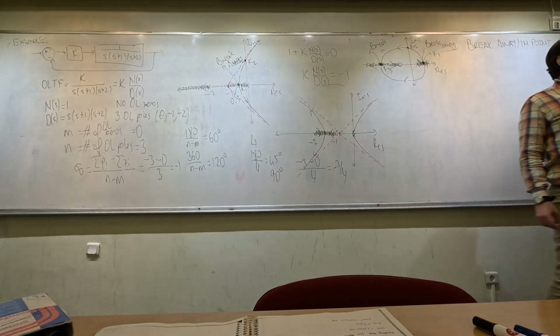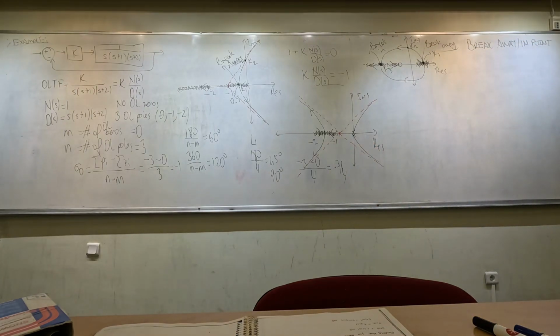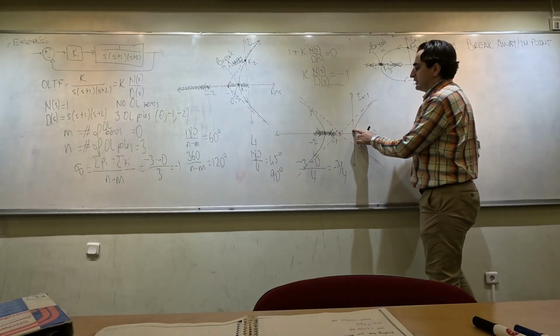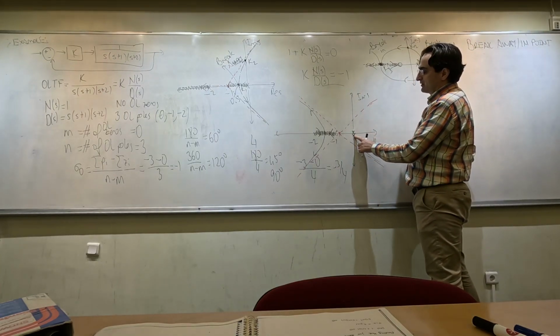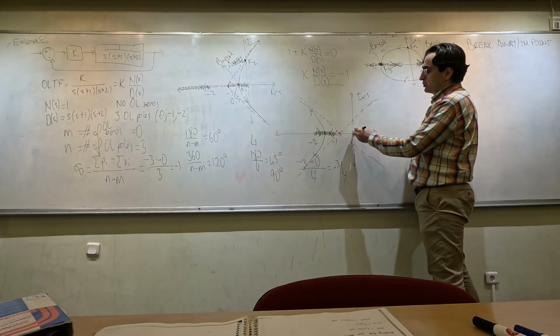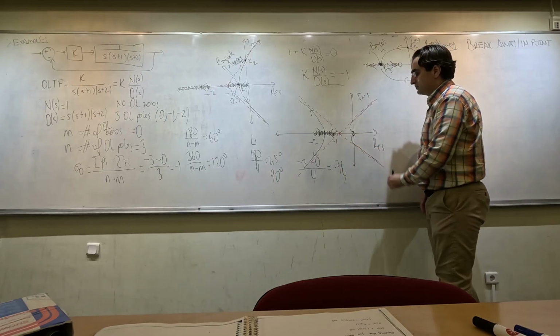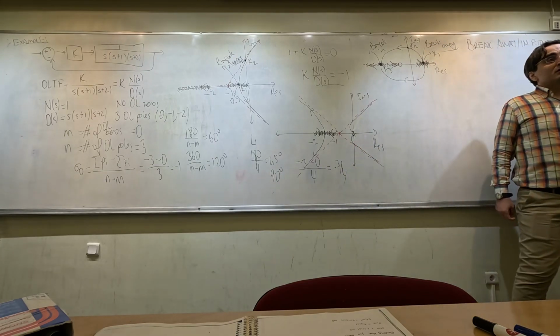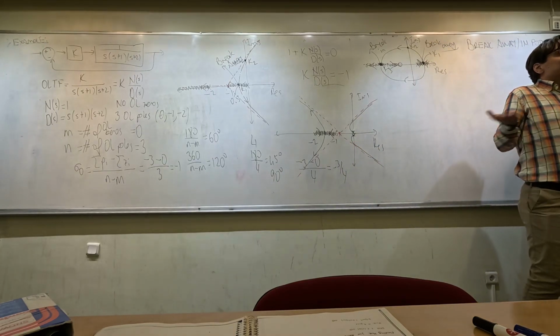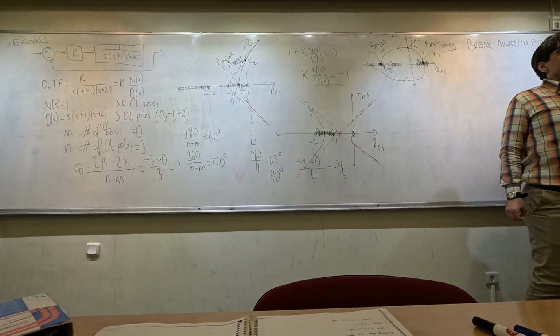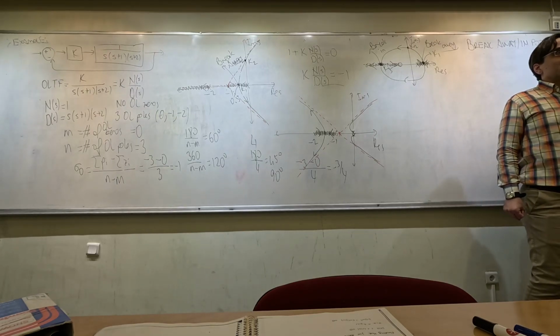Here you have to be very, very careful. This is quite a tricky root locus, and you have to check here what happens. For example, these two closed loop poles might also go to the asymptotes like this. So you won't know. How can you check whether this is the case or not?